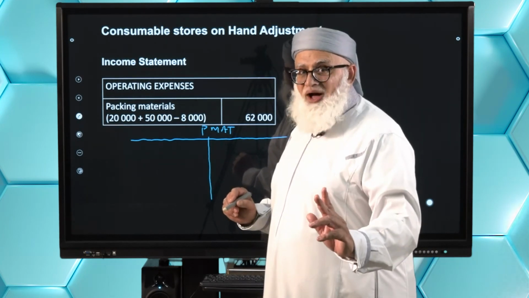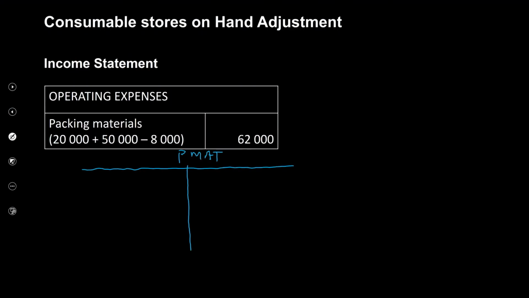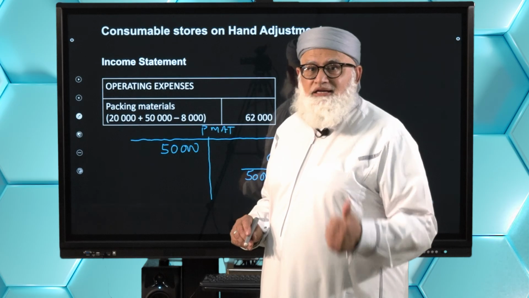My reversal was a debit to packing materials of 50,000 rand, and obviously a credit to my consumable stores on hand, because remember, you had this as a balance, and now you are doing the reversal. As a result, you are transferring it back to the packing materials account. Okay? So that is what we mean by a reversal.